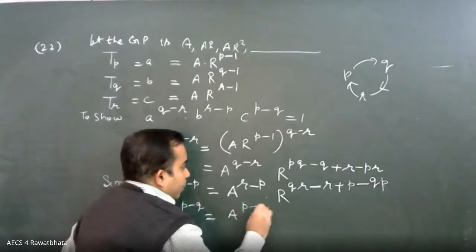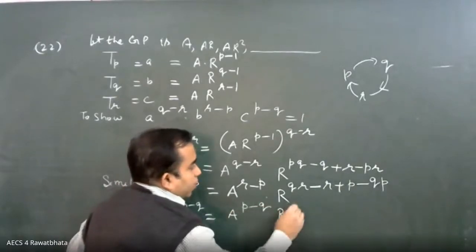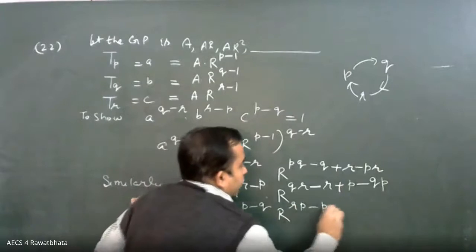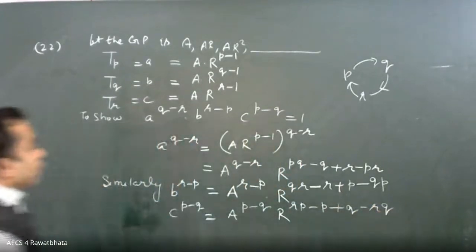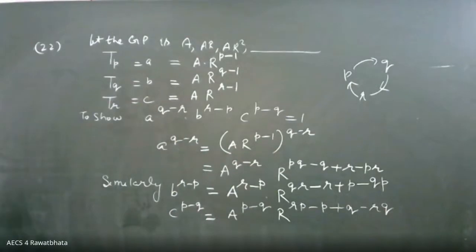A p minus q it will be and R p minus p plus q minus r q. This it will become. Now you multiply them together, and if you multiply, let us see what will happen.